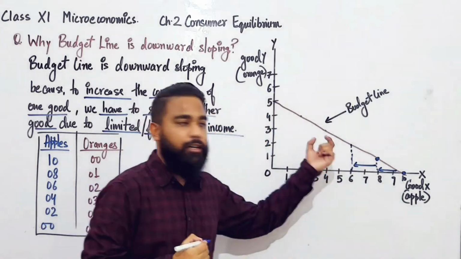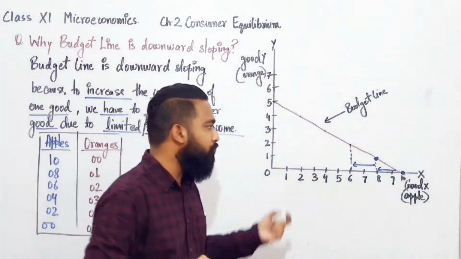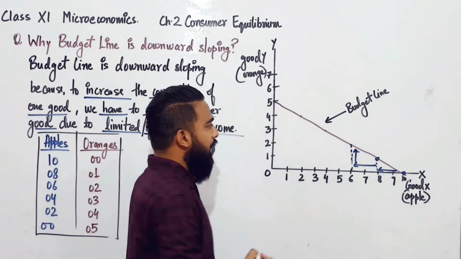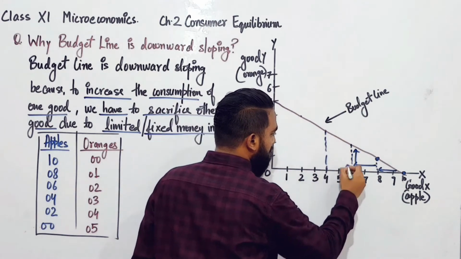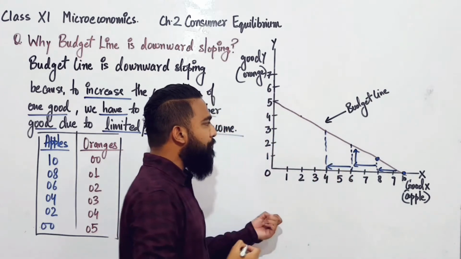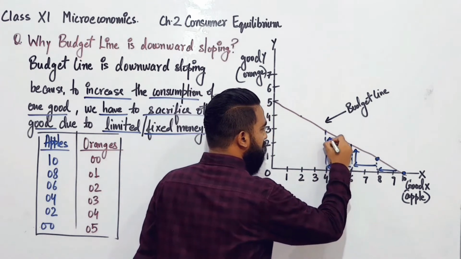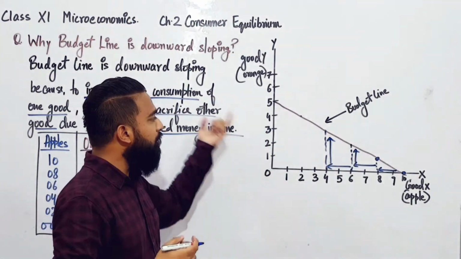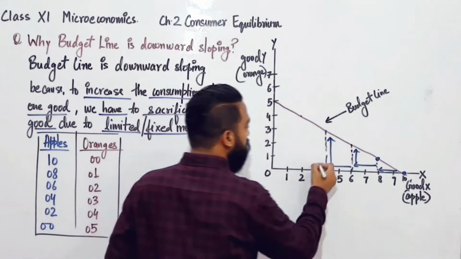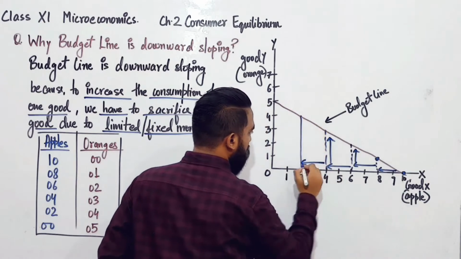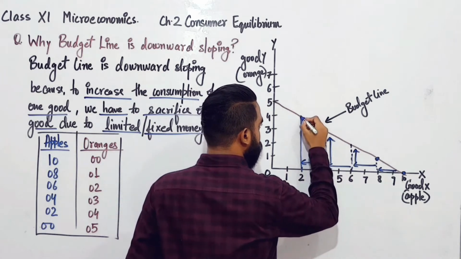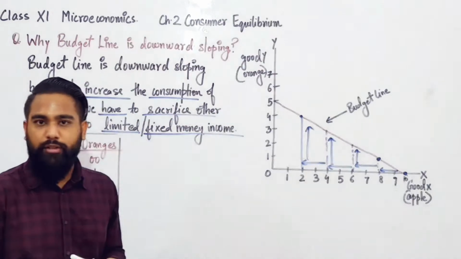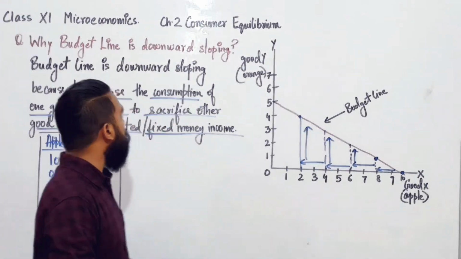You have to decrease your consumption of apples so that you can increase 1 more amount of orange. And again, you need to decrease the consumption of apples so that you can increase your oranges. Fine. So this was the whole concept.